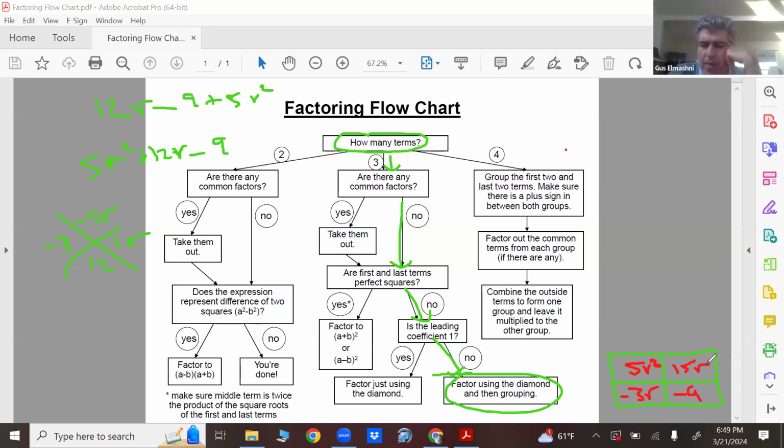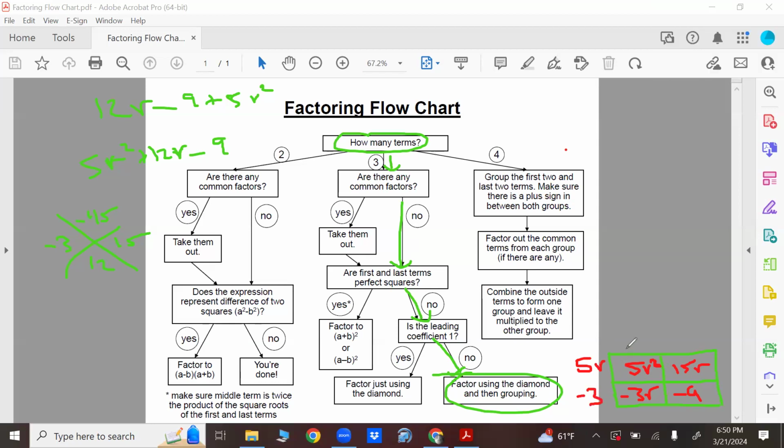Okay, what can you take out of that first row? You could take out 5R, and negative 3 here.